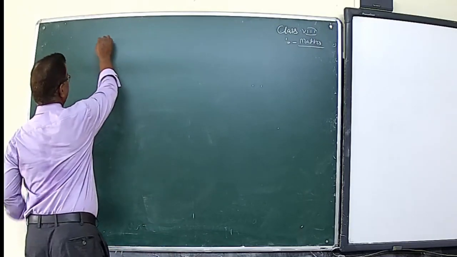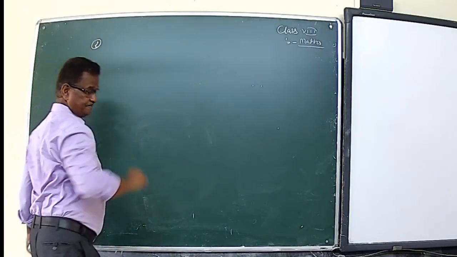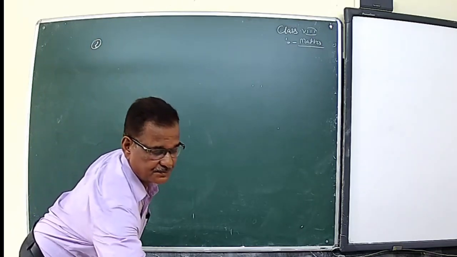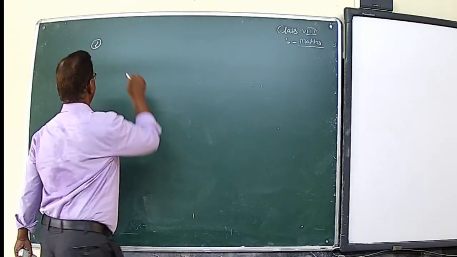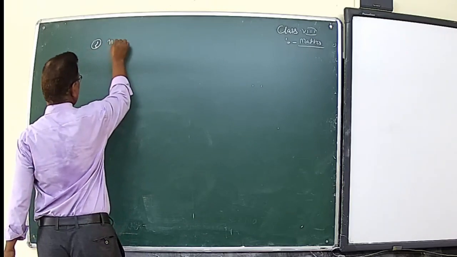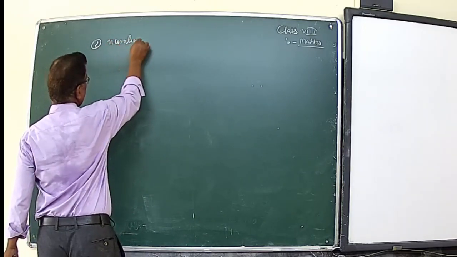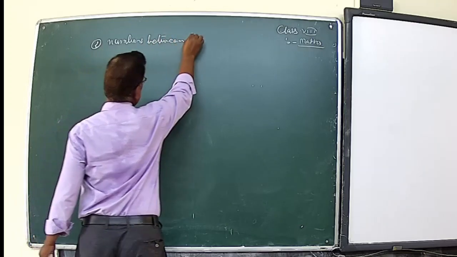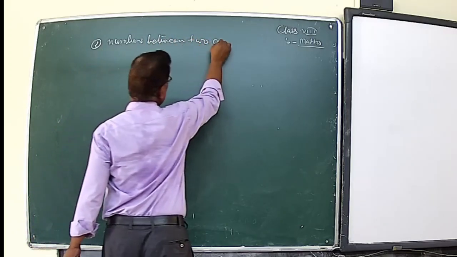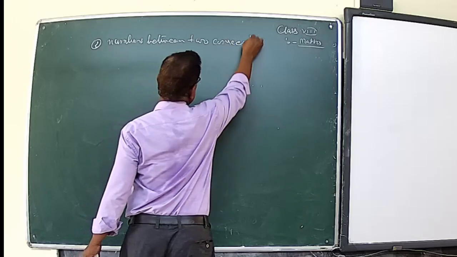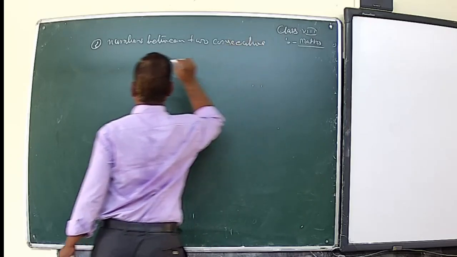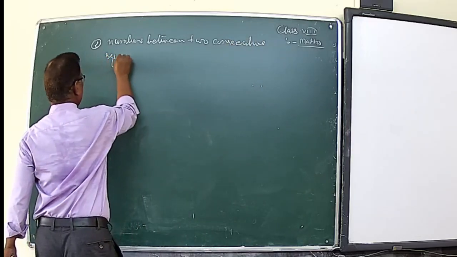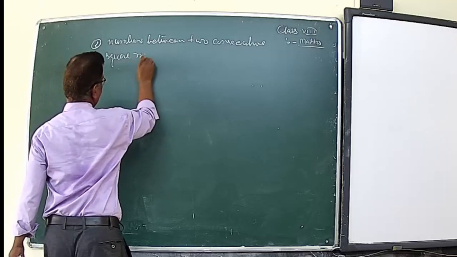Second property: numbers between two consecutive square numbers.